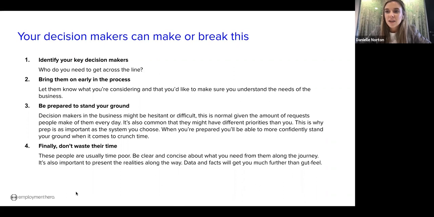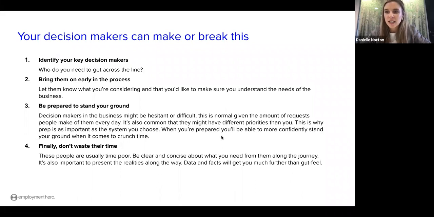So having all the data and the whys, the statistics, and all of your information well prepared is going to really help here. Something that Sarah and I do for a lot of our customers is provide business cases, help them build an ROI. How much time are we going to be saving?